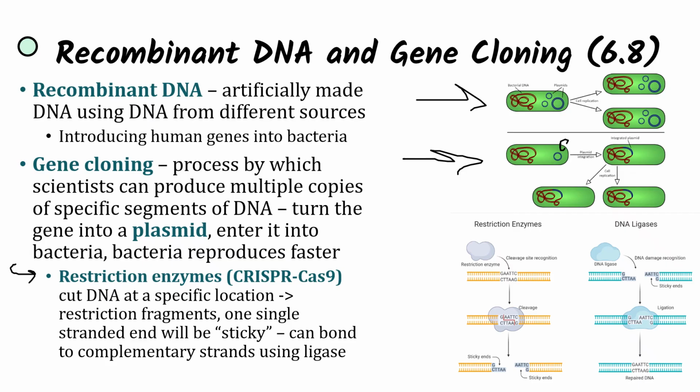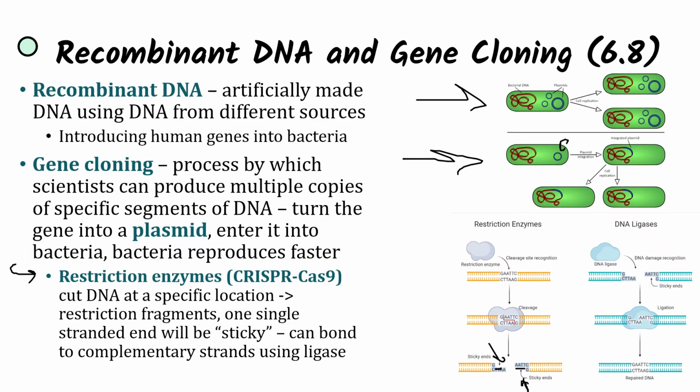And so we can look here at restriction enzymes that are going to create a cleavage within the DNA, and we have restriction fragments, but one single-stranded end is going to be sticky. So as you can see here, the cut isn't entirely chopping in half, it's just separating the bonds between nitrogenous bases in two of the strands, and so there's going to be a bit of single strand hanging off both pieces of DNA, and those are known as sticky ends.